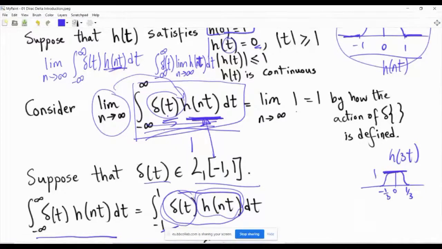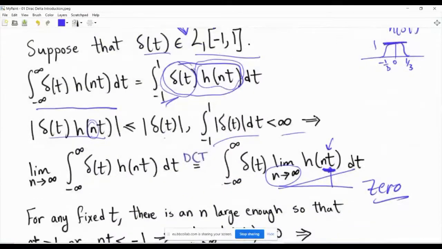But if we assume that this function is absolutely integrable, not from -infinity to infinity, which may be hard, but just from -1 to 1, on a closed bounded interval, and any piecewise continuous function on a closed bounded interval is integrable, then the dominated convergence theorem will be applicable, and we will be able to take the limit inside, but then we will get a 0. It's a contradiction because 0 is not equal to 1.